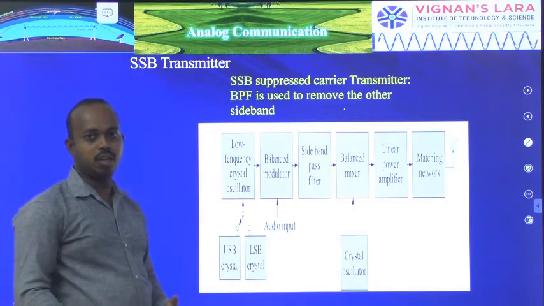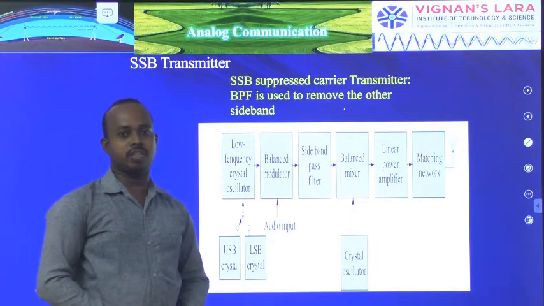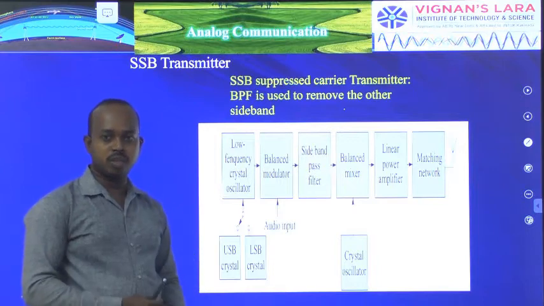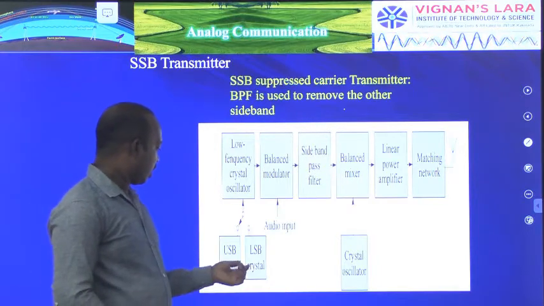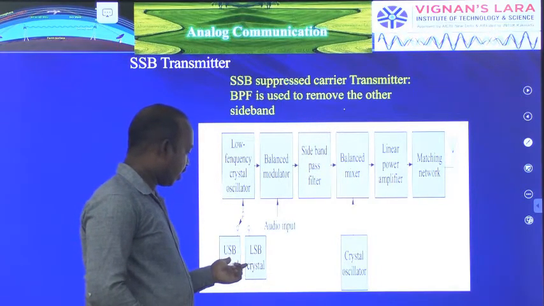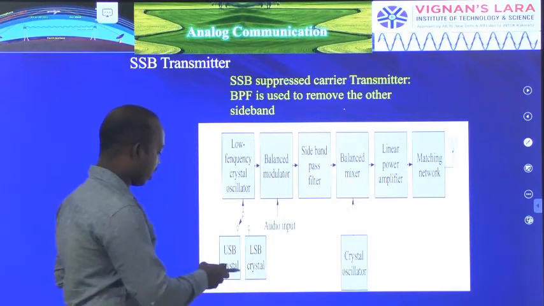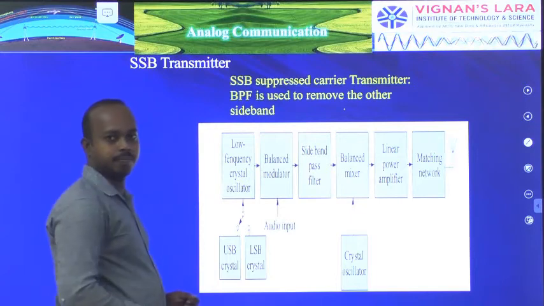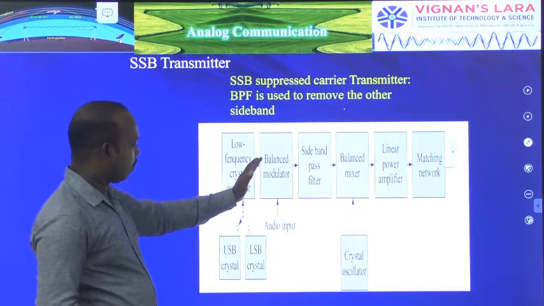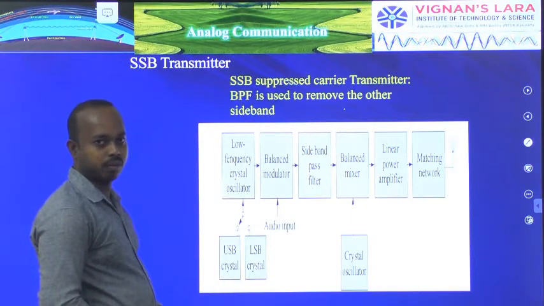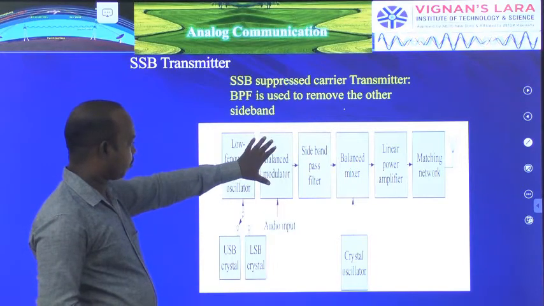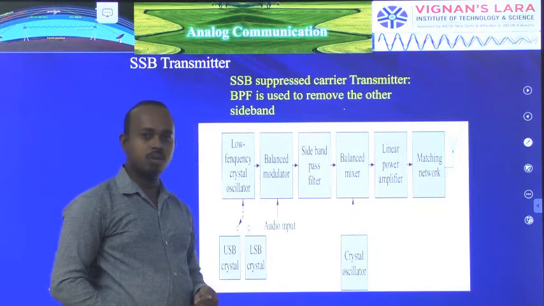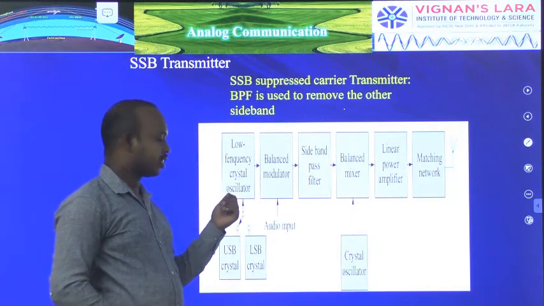Suppose you need a lower side band for your communication. We can select that lower side band in your crystal. The upper side band and lower side band. Here I am connecting the upper side band to the low frequency crystal oscillator. The output is connecting to the balance modulator. The balance modulator takes two inputs: one is the audio input and the second one is from the crystal oscillator.